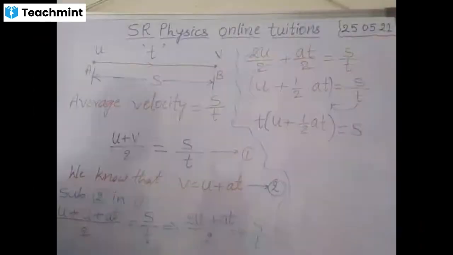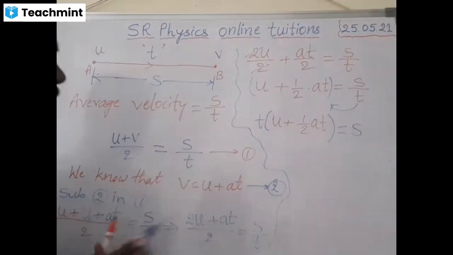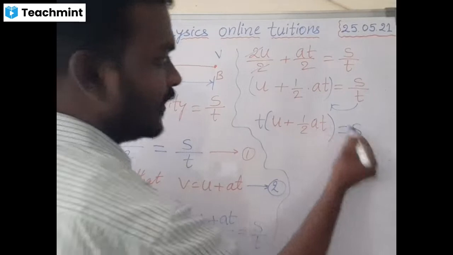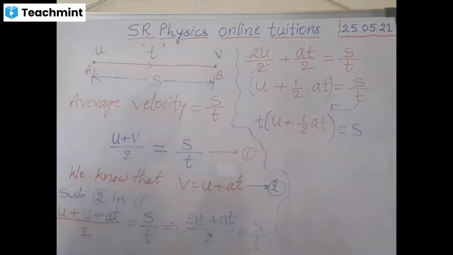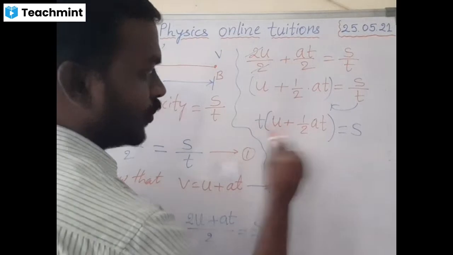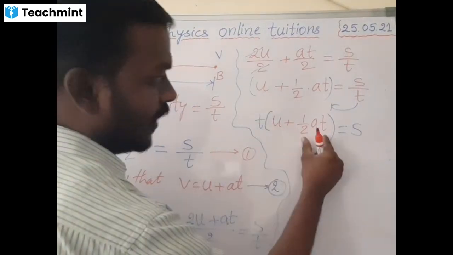See here, T into U plus of AT is equal to S, we have taken. Now I'm multiplying this T with both terms. This is one term and this is another term. I'm multiplying this T with this, and again this T with this.